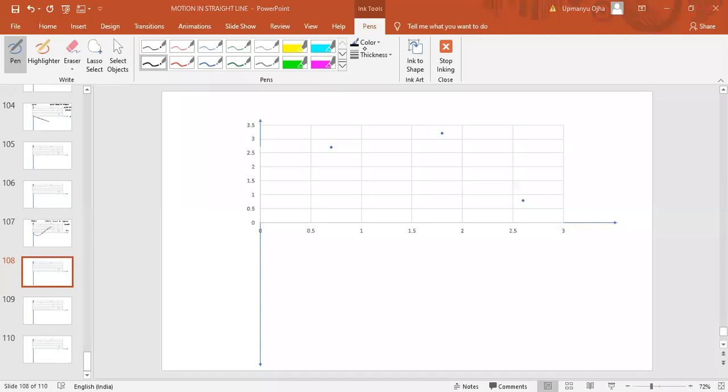Now, if I draw the speed versus time graph, or we can say any graph you draw, speed versus time graph, and the graph is like this. Is this graph possible? A graph parallel to the y-axis, is it possible? No. Why?